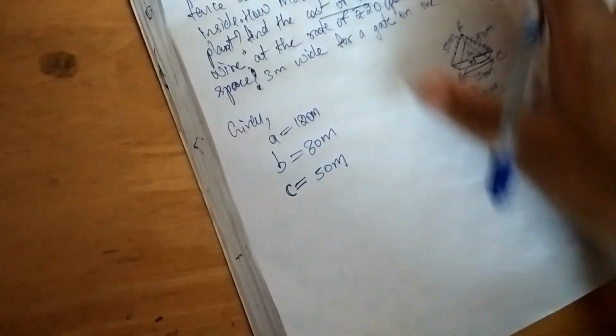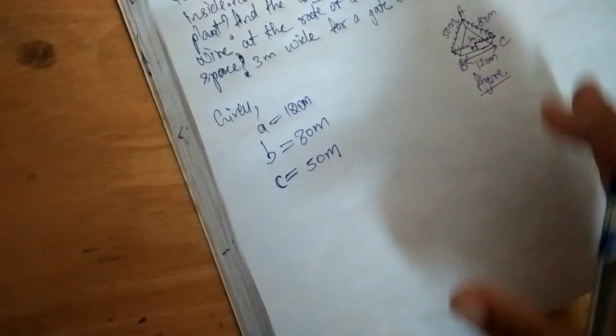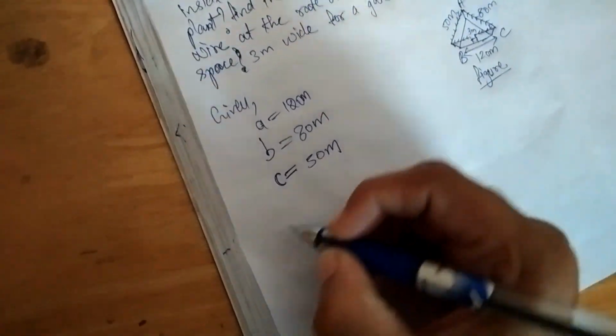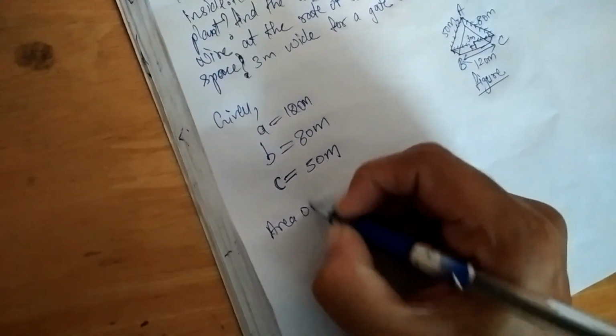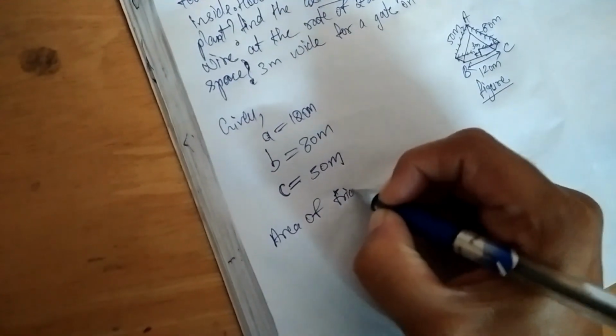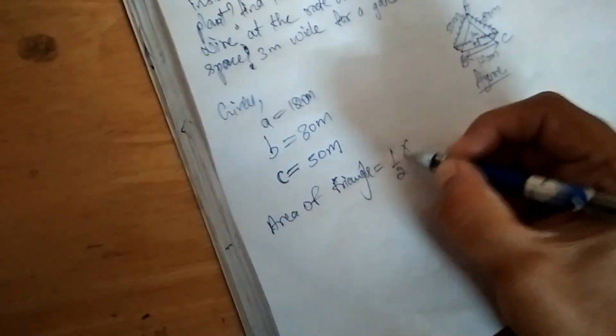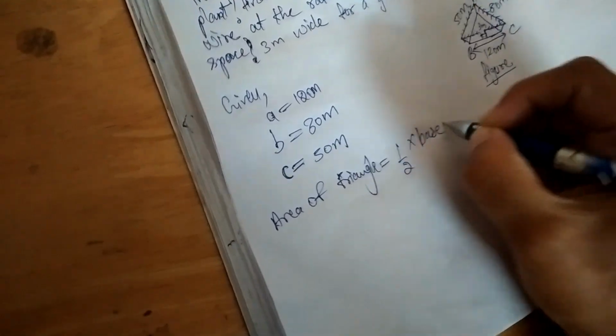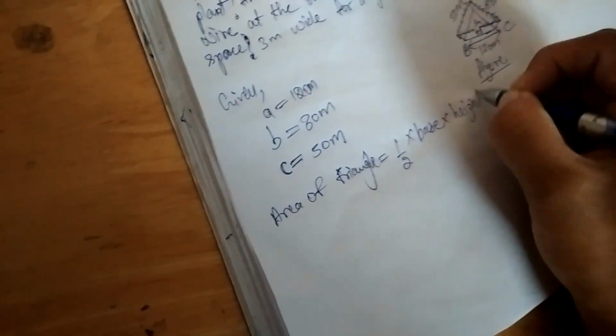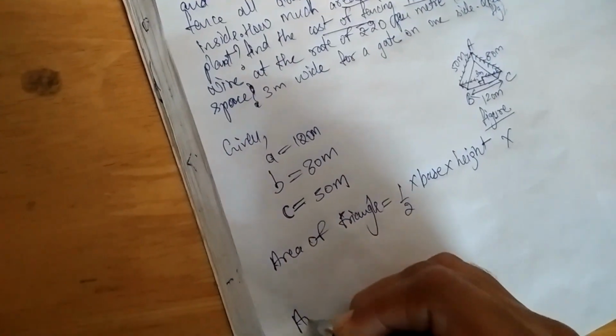Okay. So before doing all that, let me write what all things we need. So first we need the area of triangle. Don't forget this in your exam. That is 1/2 base into height, that is your normal formula. But we are not using this one. So what are we going to use?